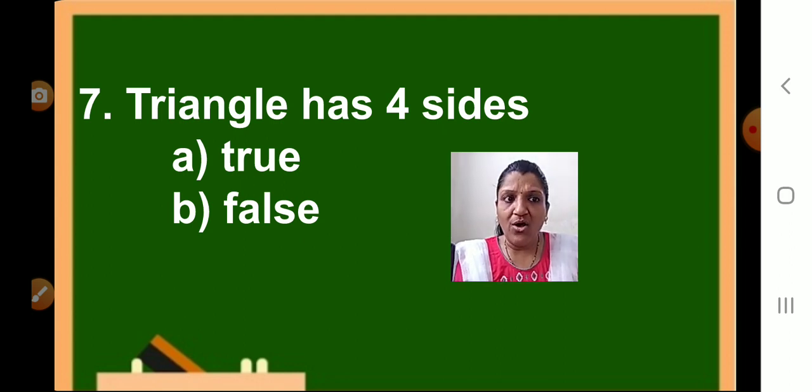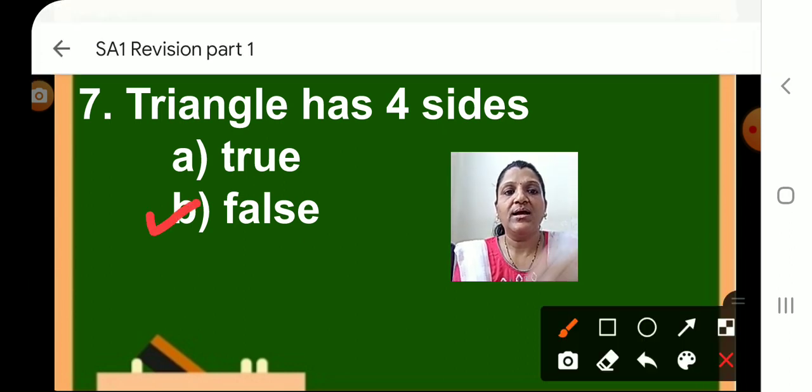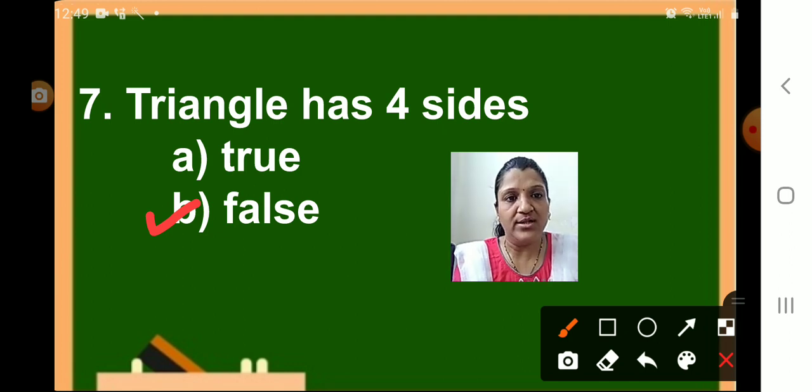Is it 4? No. Triangle has 3 sides. So this statement is not correct. So we will select option B, false. Now let's move to the next question.